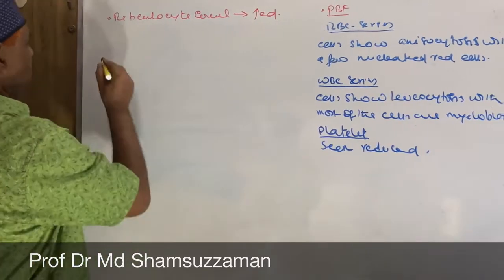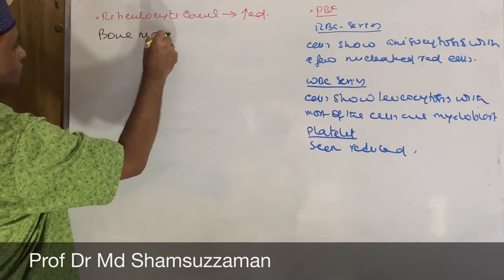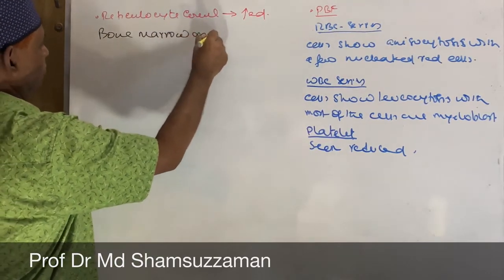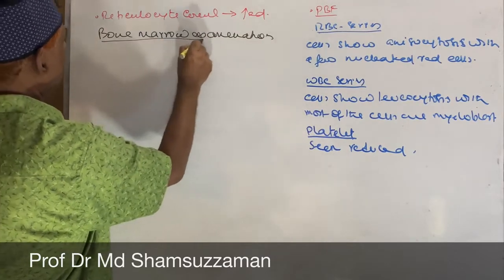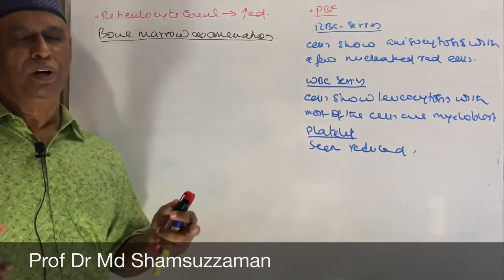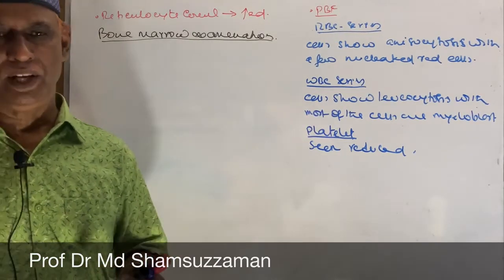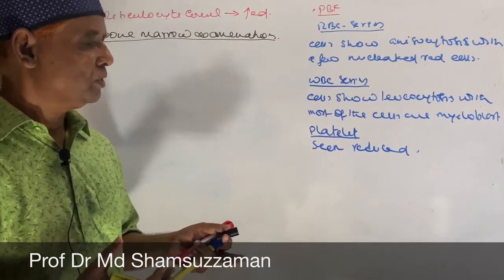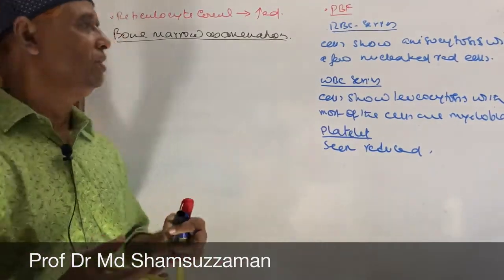Now come to bone marrow examination. Dear audience, acute myeloblastic leukemia is a blood cancer of the granulocyte series. Here granulopoiesis is affected, but in acute lymphoblastic leukemia, lymphopoiesis is affected.